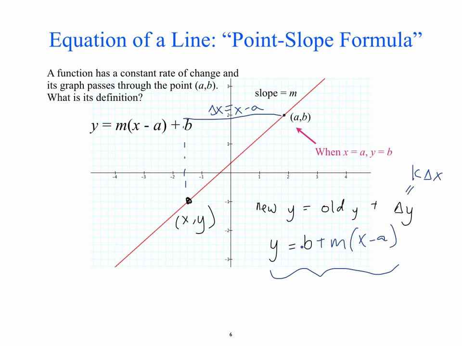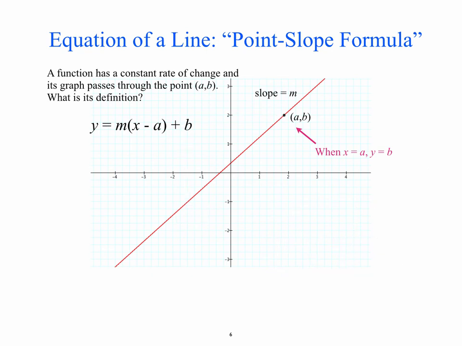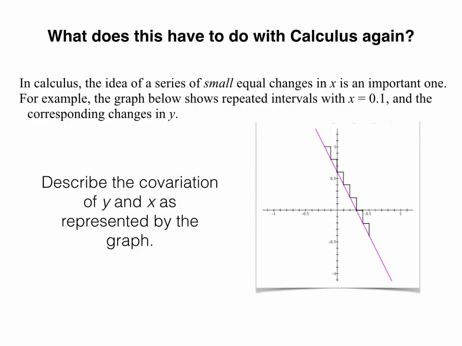This b is the old y value. This m comes from thinking about the relative size of changes in y to changes in x, and then we can talk about the actual change in x. So this is where this comes from. And there you can see it again, a little bit more highlighted.